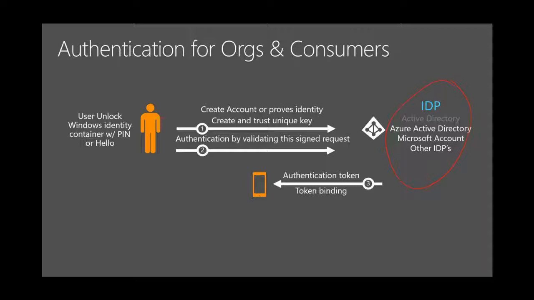And this authentication token is bound to the device. It is protected with a TPM again, so that the user can now use this authentication token and go to relying third parties: a SharePoint server, an Exchange server, a web application, what have you, that trusts the IDP. It uses this authentication token to authenticate against the server or application, and gets from that service or application an access token, and you can configure this, again, with MDM, to expire.